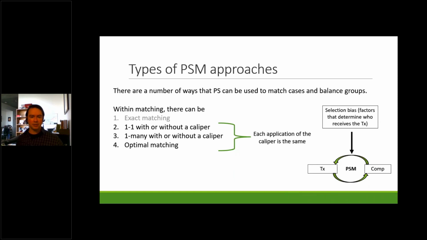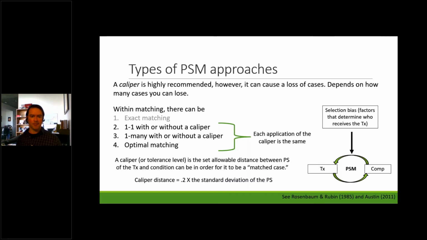Beyond exact matching, there are a number of ways that propensity scores can be used to match cases and balance treatment and comparison groups. The use of a caliper is highly recommended when using any of these approaches. However, that can cause a loss of cases. It really depends on how many cases you can afford to lose.